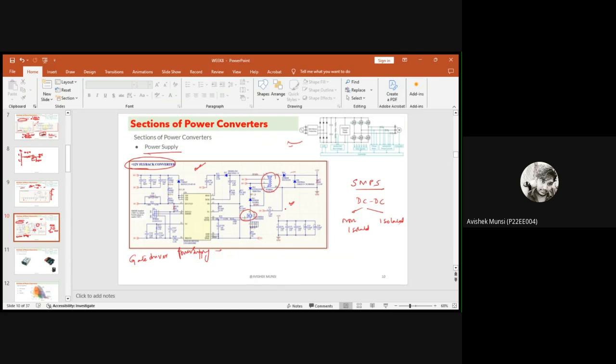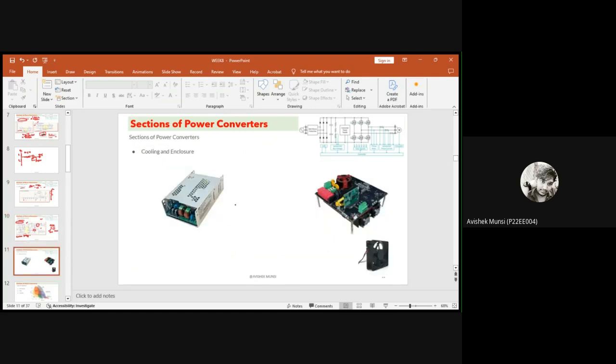Okay. Next part in converter design is the cooling and enclosure. If you have a MOSFET, we discussed it previously in heatsink design, that in the MOSFET we use some kind of heatsink, right? Whether it is SMD or through hole, we use some kind of heatsink.